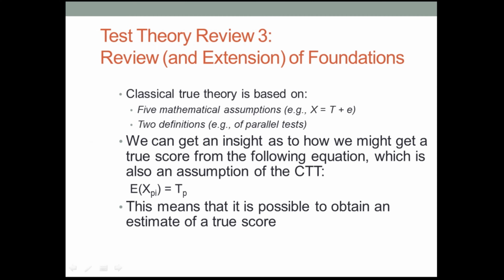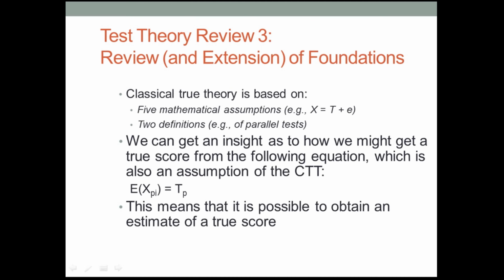Okay. In addition, classical true score theory or classical test theory, you'll recall, is based on 5 mathematical assumptions, including X equals T plus E, and 2 definitions. And we can get an insight as to how we might get a true score from the obtained scores by looking at the following equation, which is also the second assumption of classical test theory, and that is that the expected value here, E, is used to designate the expected value, not the error score.